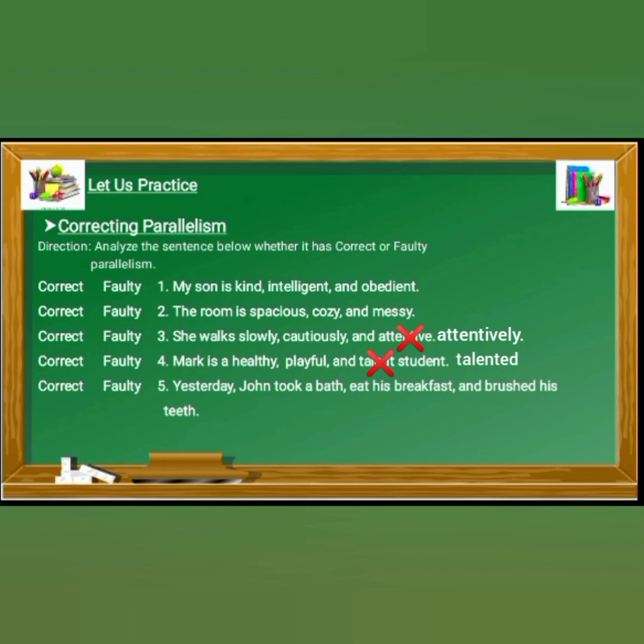That is why we should change the verb eat into its past form. So we have took, ate, and brushed. The correct or the parallel sentence is yesterday, John took a bath, ate his breakfast, and brushed his teeth.